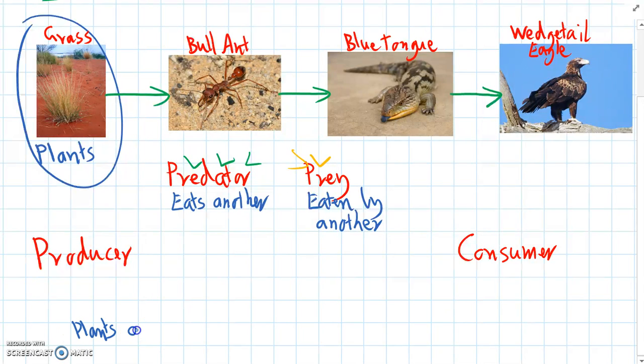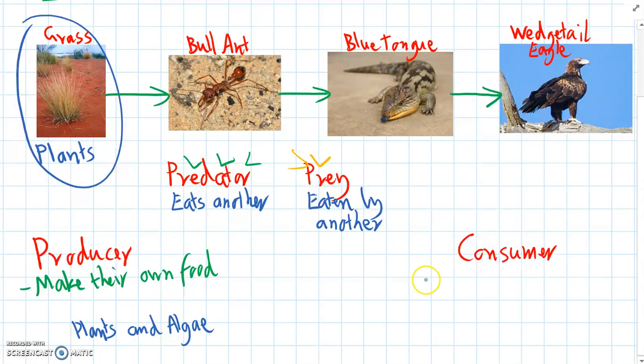So all plants and algae are producers, and we find them always at the very start of a food chain because they make their own food. They produce their own food. Or in other words, they get their energy from the sun instead of eating something else.